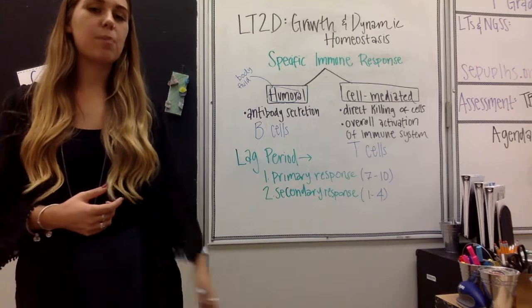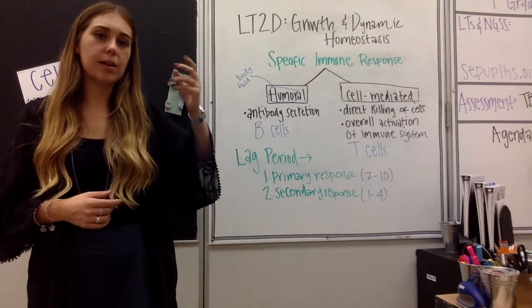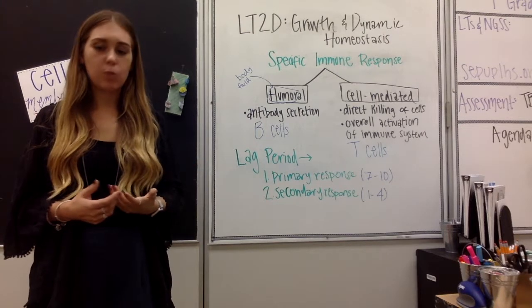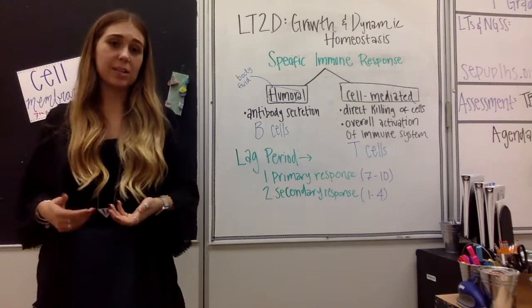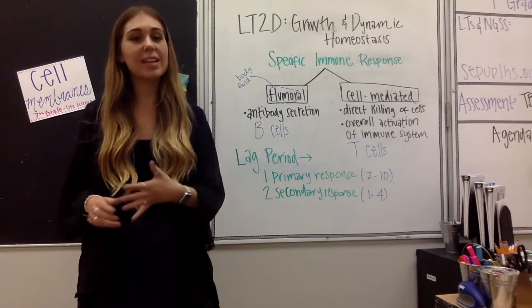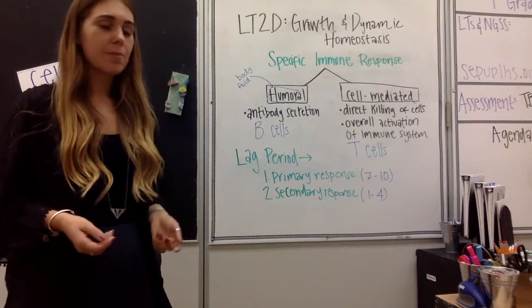Now the last step in both our humoral and cell-mediated responses is to create memory cells. With those memory cells, our body is able to remember what antibodies need to be produced to fight that antigen. And those stay in our body for decades.